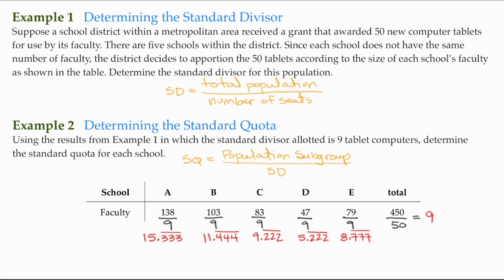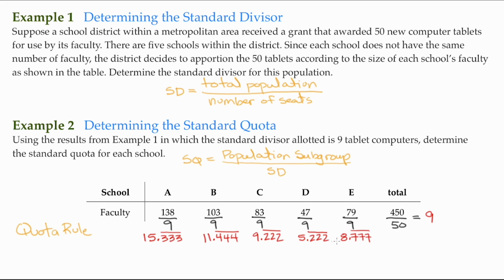So this is where the quota rule comes in, and I'm just going to put it right here. The quota rule states that the number assigned to each represented subgroup must either be the standard quota rounded down to the nearest integer, also known as the lower bound quota, or rounded up to the nearest integer, also known as the upper bound quota. So we'll do that. We have to follow the quota rule.